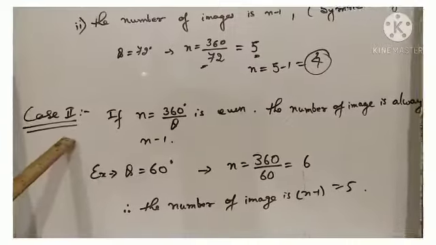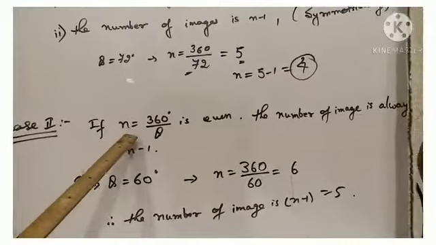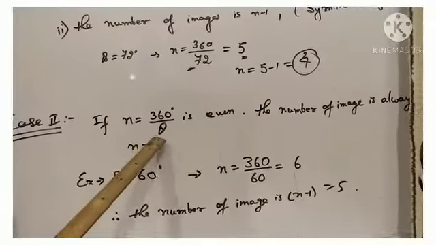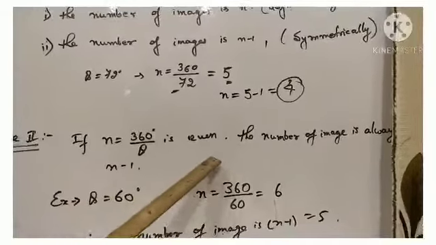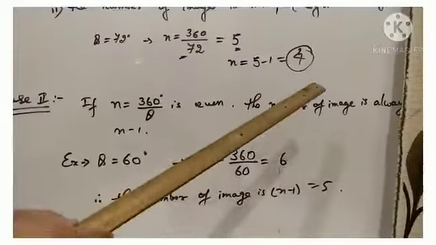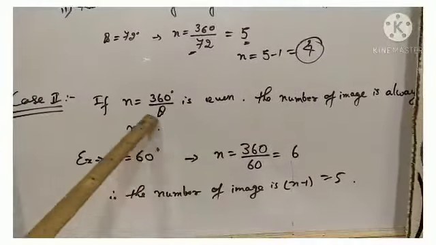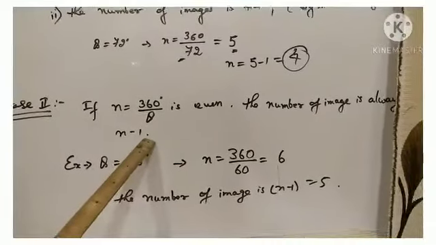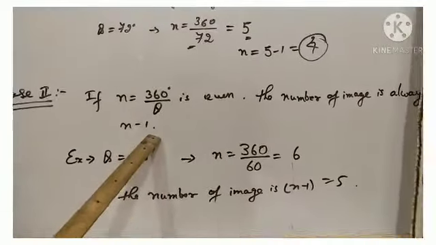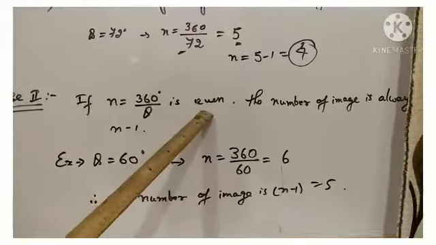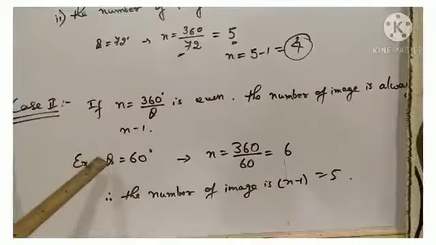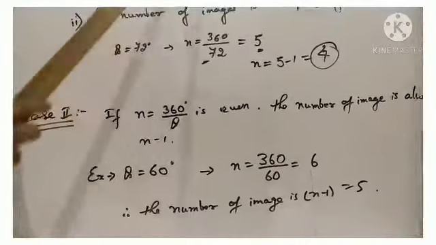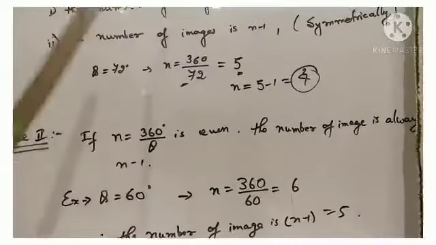Now the second case, when n is equal to 360 by theta degree is even. In this case, the number of images is always n minus 1. So we simply convert it to n minus 1 when our answer comes in even numbers. Suppose theta is 60 degree, the two mirrors kept 60 degree with each other.